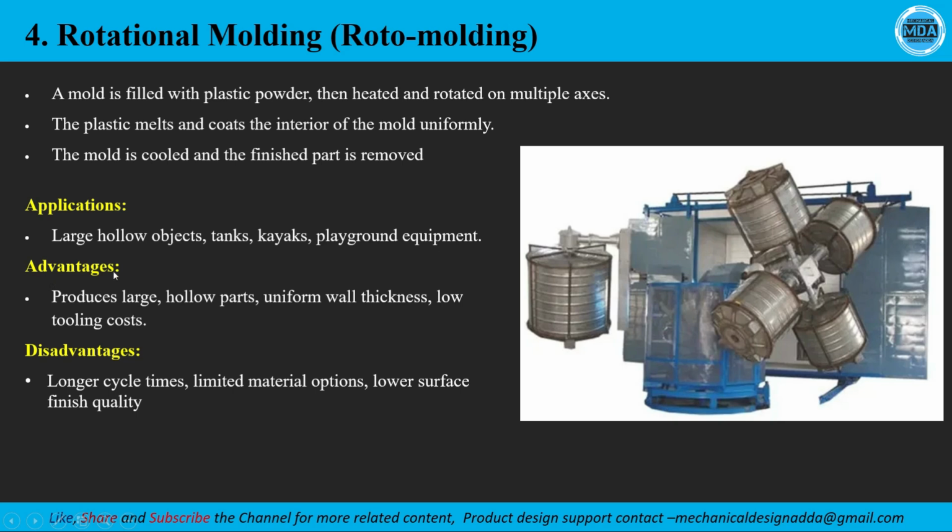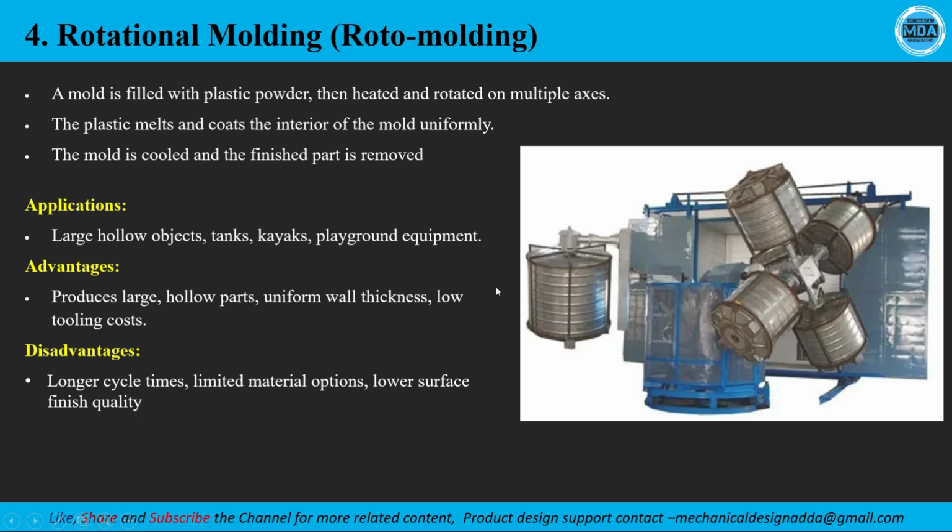The advantages are that it produces very large hollow parts with uniform wall thickness and low tooling cost. The disadvantage is a longer cycle time, so it takes a long time to produce the part. In blow molding, it is a fast cycle time.